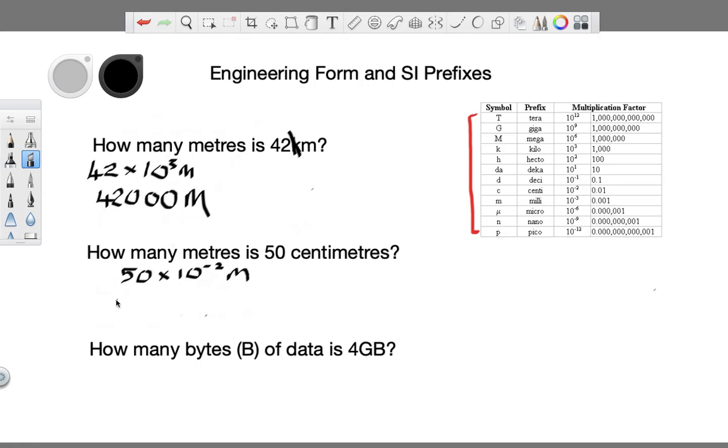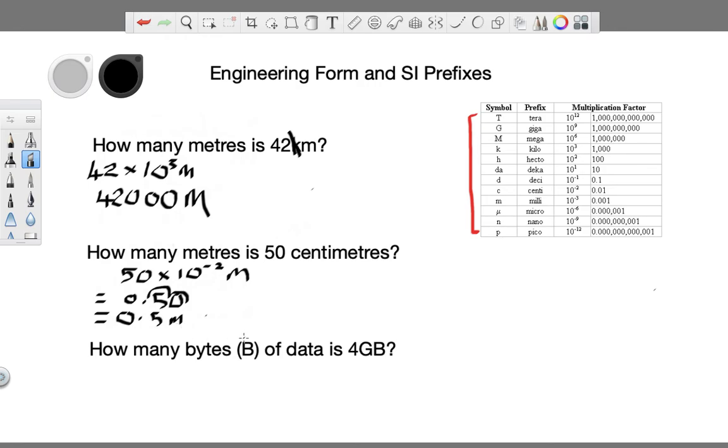So 50 centimetres is 50 times 10 to the minus 2 metres. If you wanted to write that as a decimal, we know that our decimal point is here, so it goes once and then twice. So we put a 0, put our decimal point, and we're left with half a metre. And if we think about it, that makes sense because we know that 100 centimetres is 1 metre.